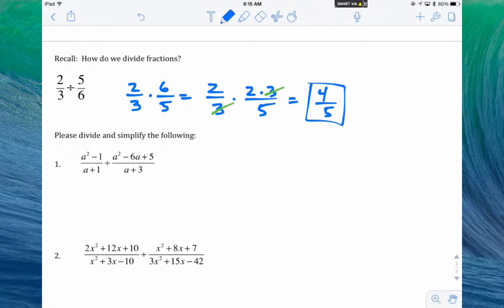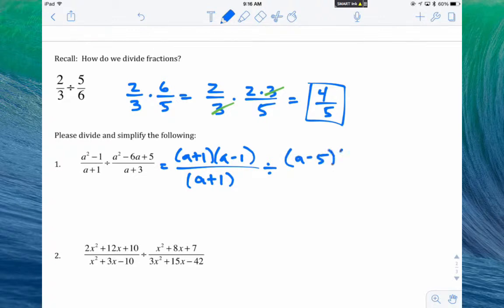Just like before, our beginning strategy is going to be to factor everything first. Let's not rewrite this as multiplication just yet, and we'll see why. I think we could rewrite this as a plus 1 times a minus 1, of course, tons of factoring, over a plus 1. Still going to keep this a division problem, divided by a minus 5 times the quantity of a minus 1, all over a plus 3.